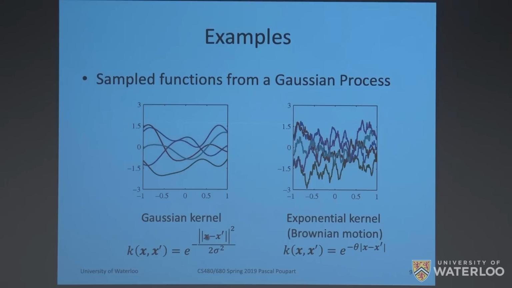Whereas with the exponential kernel, we don't square the distance, we just take the absolute value of the distance. So the covariance is not going to be as high, and there's more variability. That's how we end up with these types of curves. The kernel has an important impact on the type of curves that we consider, so it's important to choose a good kernel.